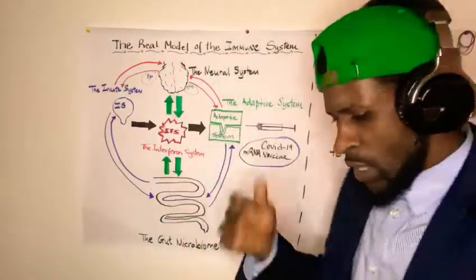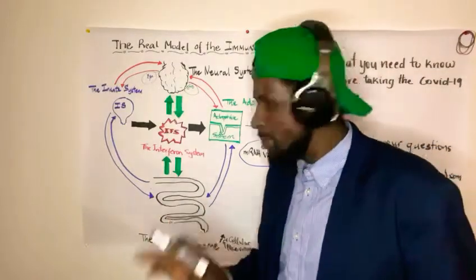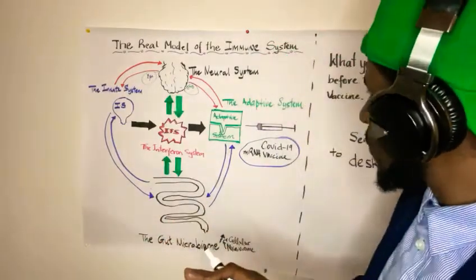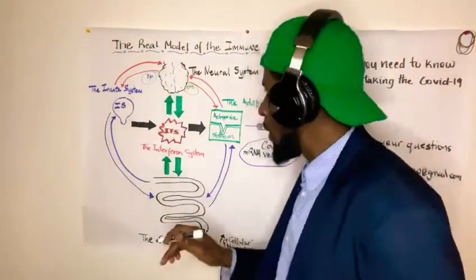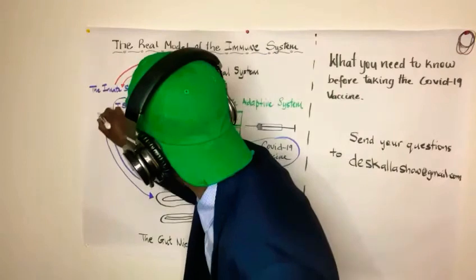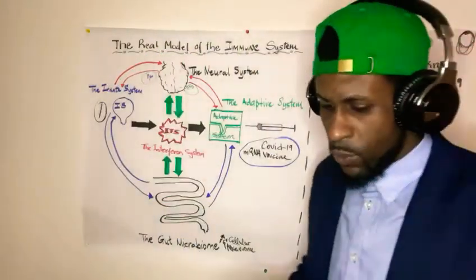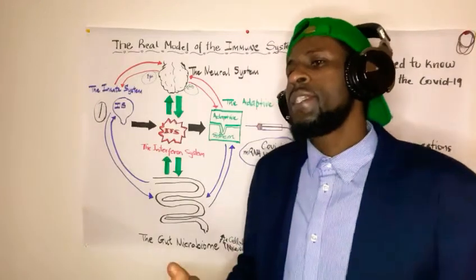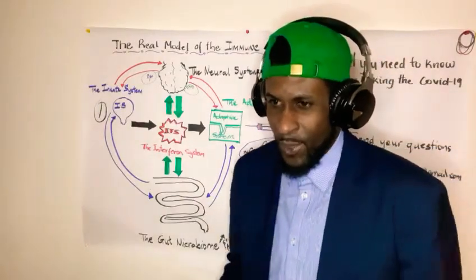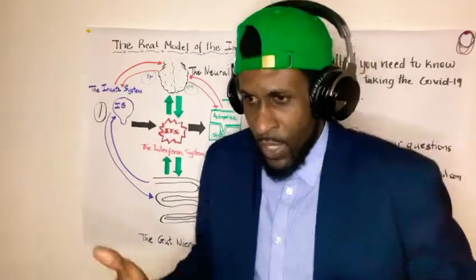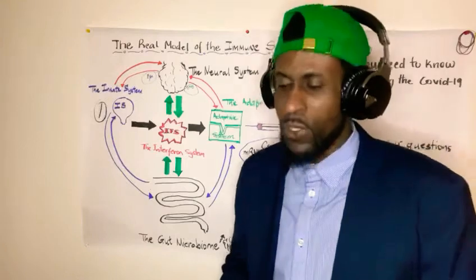All right, so let me just highlight the 5 major areas that we want to talk about in the new or the better model. We're still talking about the innate immune system, IS, and this is the built-in immune system, the system that you come with when you were born. Your built-in immune system.